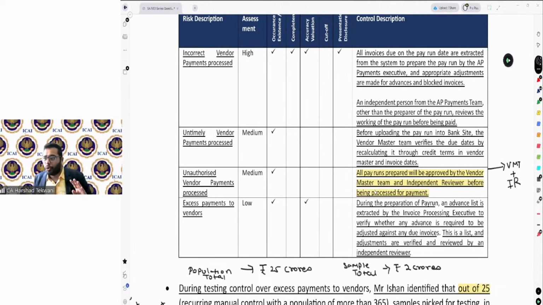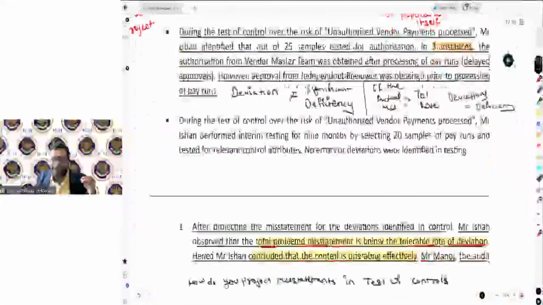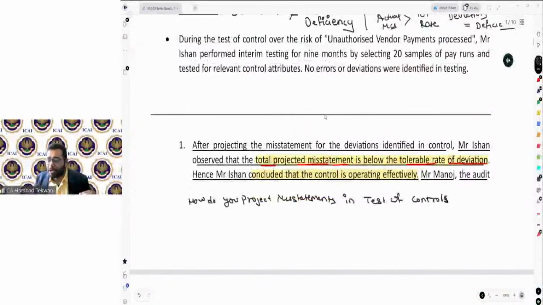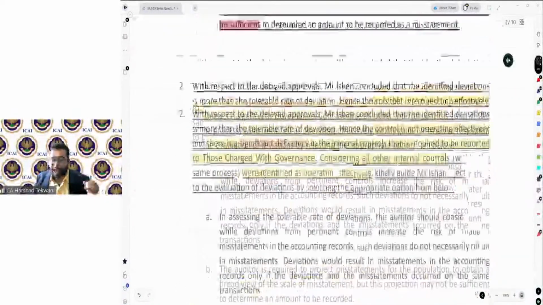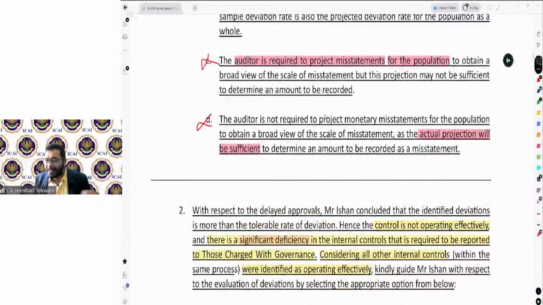But there is another approval control giving me comfort on the same assertion with respect to the risk of incorrect vendor payment processing. In that case, I am getting comfort from the other controls which are operating effectively, and hence I will not call this deficiency a significant deficiency. So this is not a significant deficiency.